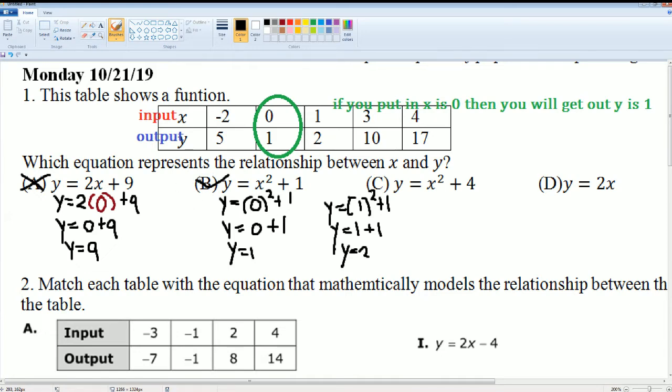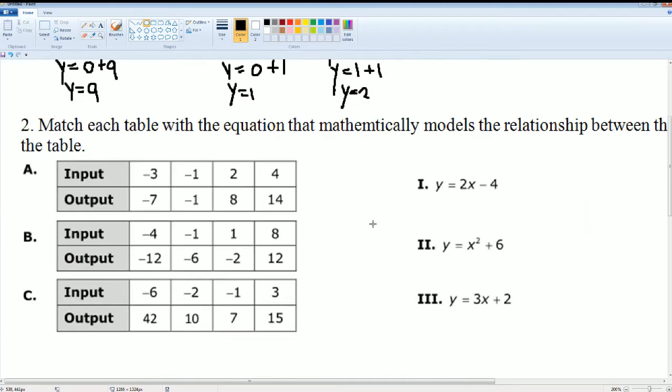So we would say that our answer is B. Because look, you plug in 0 for your x, you get your output, which is your y, is 1. Or you could also check plugging in 1 for the input, you get an output of 2. There you go. That's how you can check the relationship.